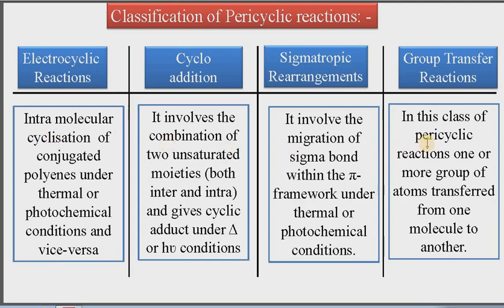Some other classes of pericyclic reactions are also there, like chemotropic rearrangement. But these are the four major types of pericyclic reactions.